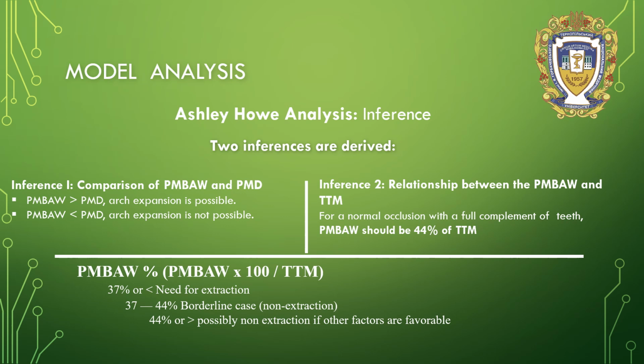If the PMBAW, or the distance between the fossa canina, is more than the distance between the buccal cusps of the first premolars, it means that arch expansion is possible. But in the opposite situation, when the distance between the right and left fossa canina is less than the premolar distance, it means that arch expansion is not possible.